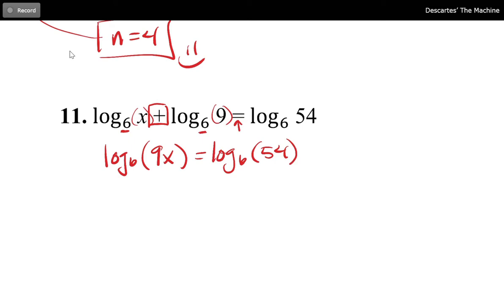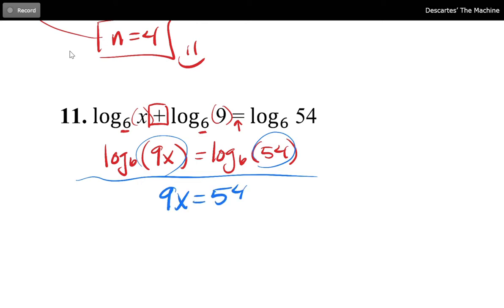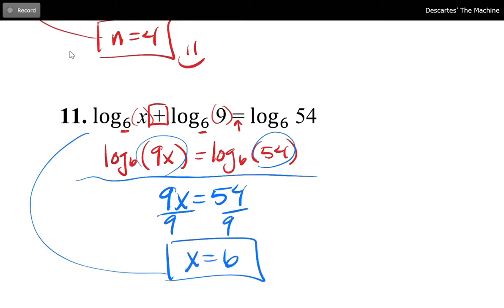Okay, if it's log base 6 of 2 different things, then these 2 different things must therefore be equal to each other. Are the bases the same? Yes. Stop. New equation. 9x is equal to 54, and then just divide by 9. X is equal to 6. There we go. Okay, check it. Does it make any one of the arguments negative? Nope. So we're good. Ready?